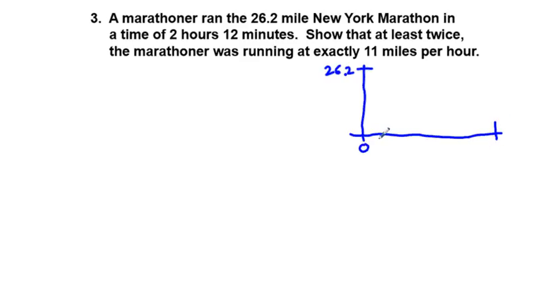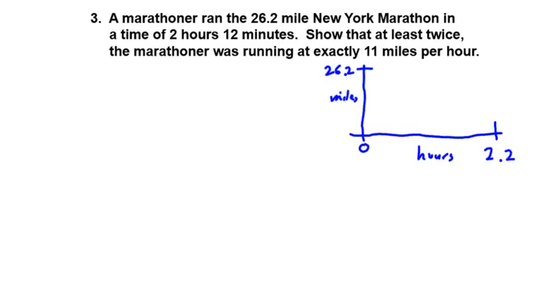So start at time 0, position 0, and 2 hours and 12 minutes: 12 minutes is 1/5 of an hour, and 1/5 is 0.2. So we're going to cover this distance in 2.2 hours. So this is hours over here on the x-axis and miles on the y-axis.